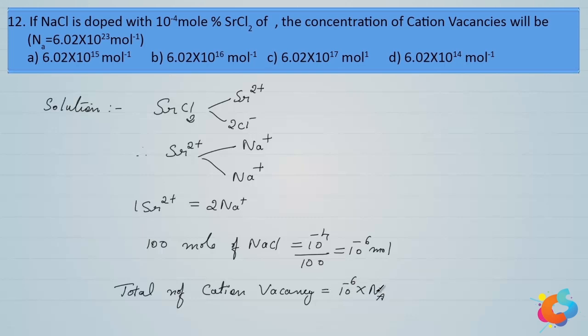By substituting the value of Na, we get 10 to the power minus 6 into the Avogadro number 6.023 into 10 to the power 23 per mole, and the final value is 6.023 into 10 to the power 17 per mole, and hence the right option is option C.